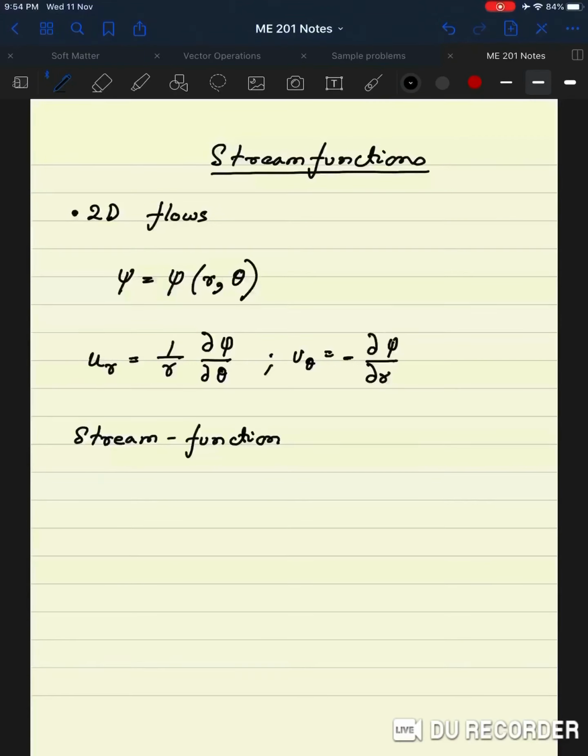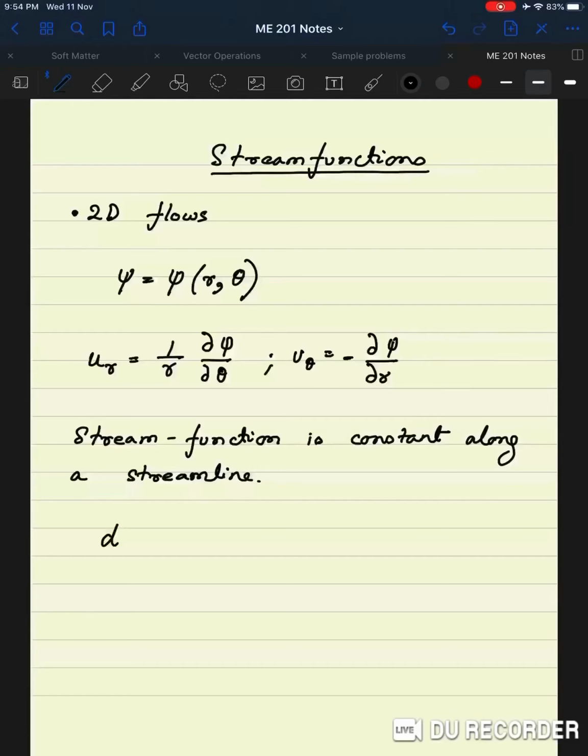Okay. Now let us come back to the point that we are looking for, which is that the stream function is constant along a streamline. So here let us try to determine the curve along which the stream function is constant. Okay, and let us take the case of incompressible flow in a rectangular coordinate system.